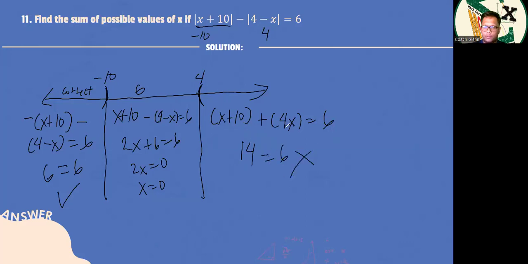No solution. Wait, let me double check here. I think we made a mistake here. Negative x minus negative x is 0. 10 minus 4.